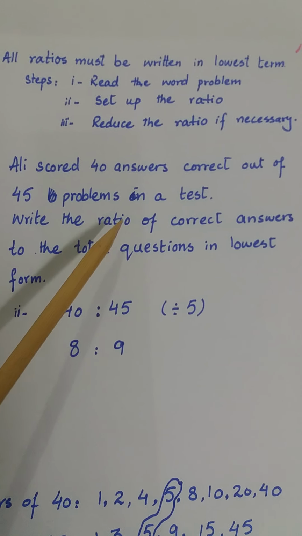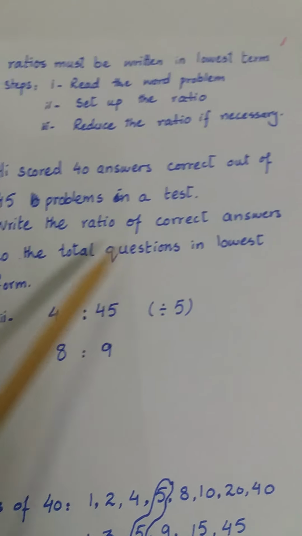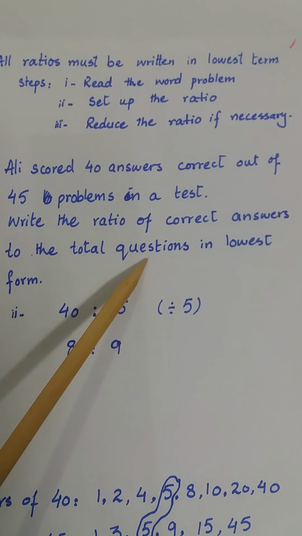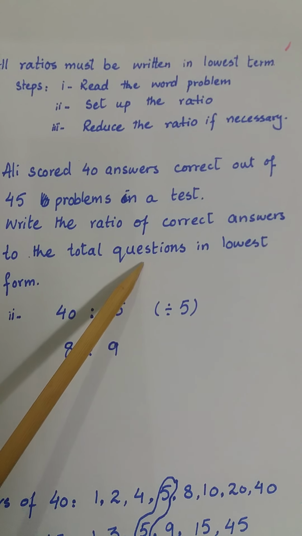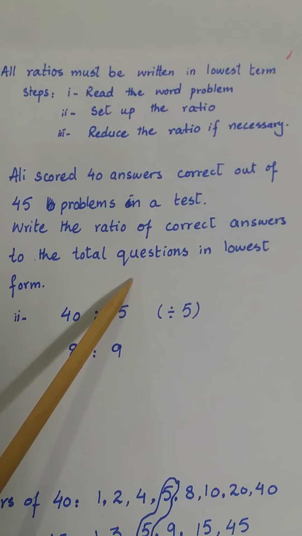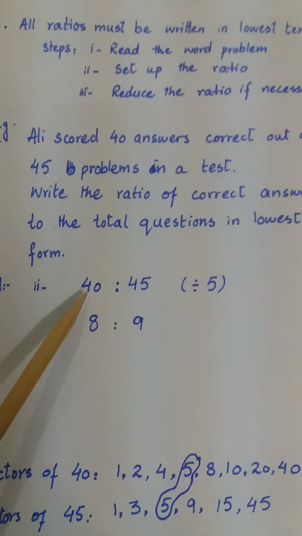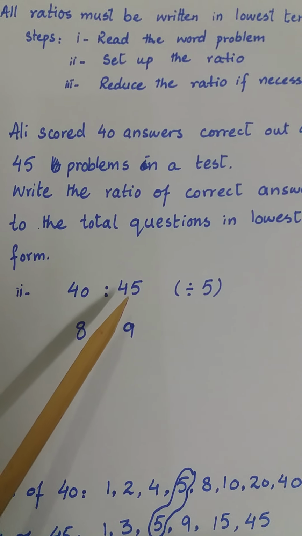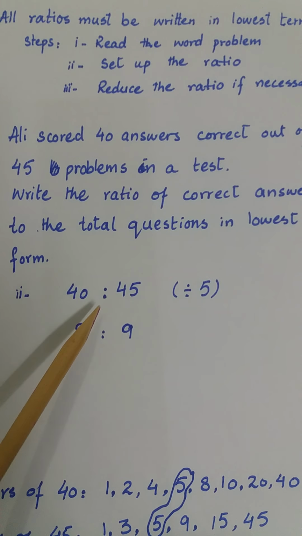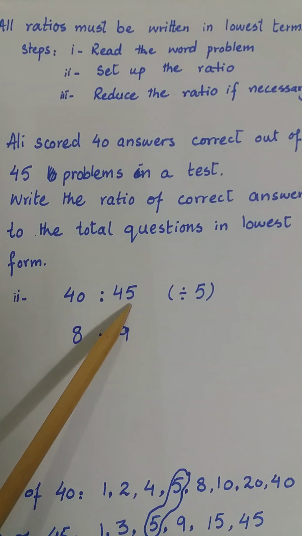They have asked the ratio of correct answers to the total questions. It means we have to put correct answers first and total questions afterwards. Correct answers were 40 and the total questions were 45. So we will place 40 ratio 45.